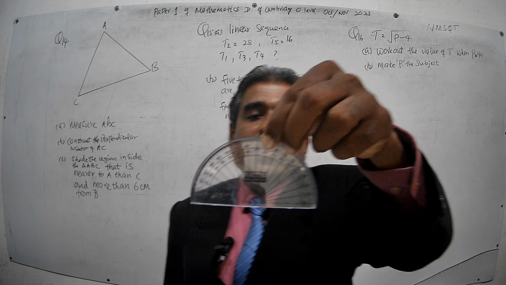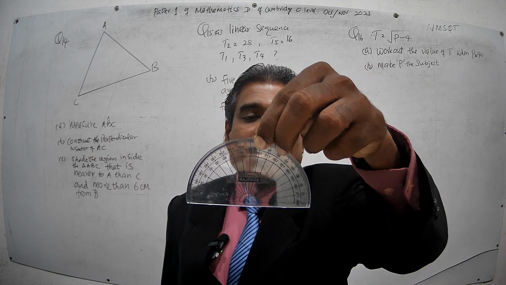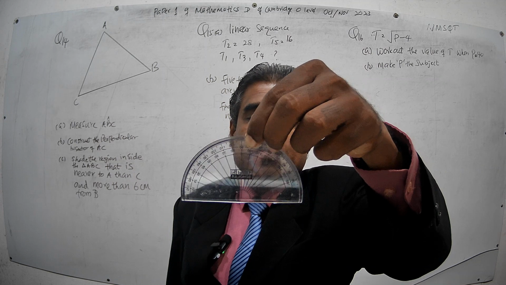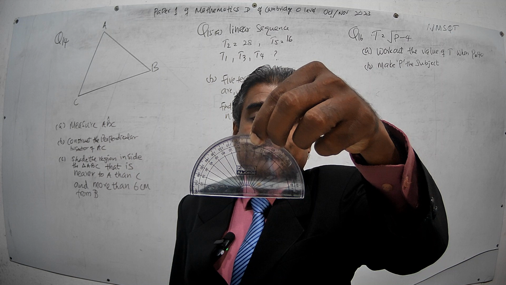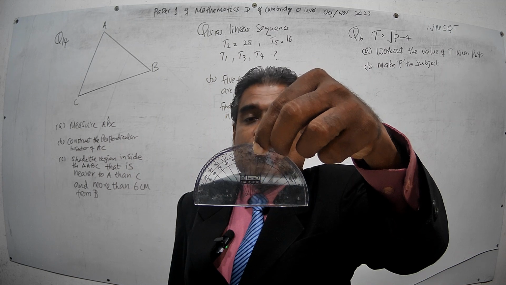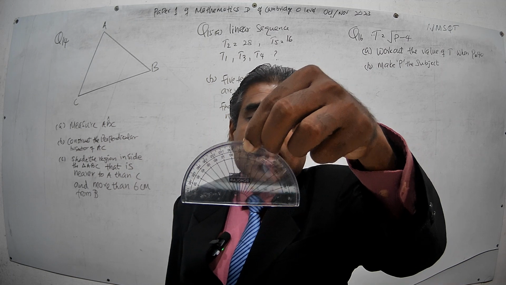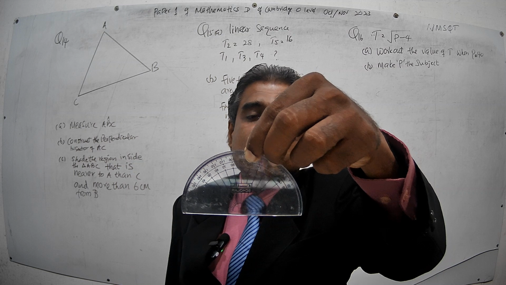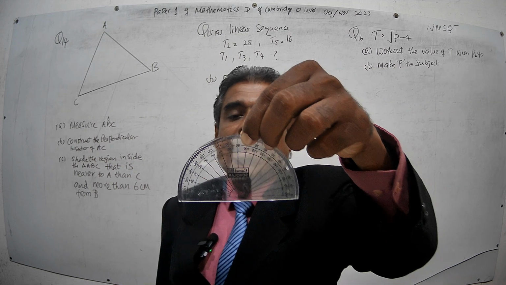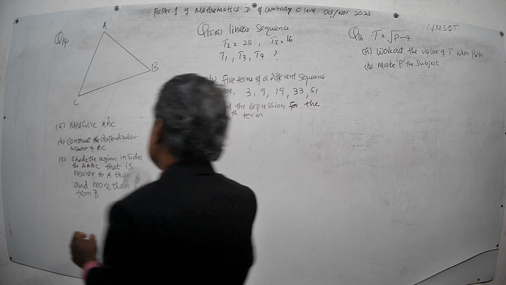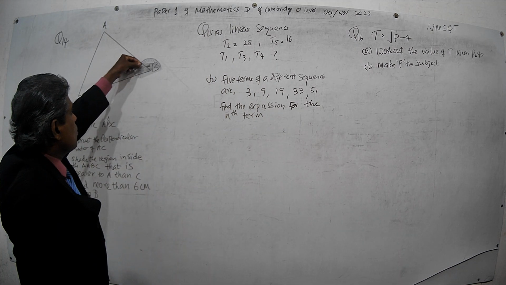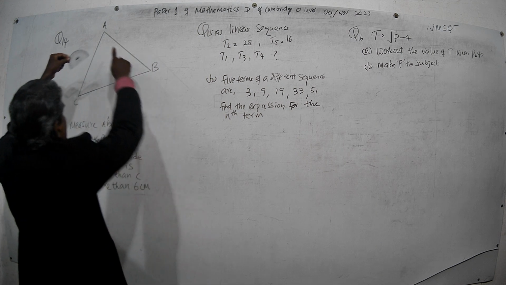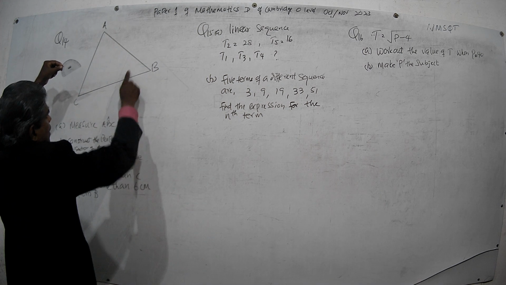You can measure the angle from either side, but after you keep the baseline, you have to read from the line starting from 0, not from 180. So you keep the center of the protractor at the point B. So this is the angle ABC, this angle.